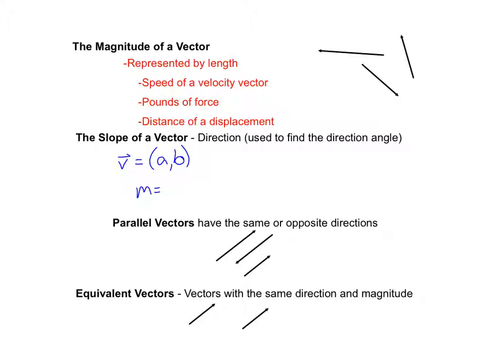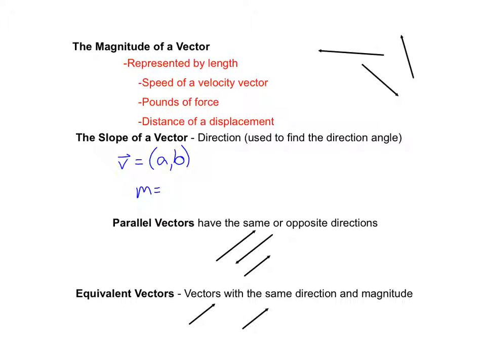Also, the slope of a vector, which we use to find the direction or the direction angle. We're going to look at this notation here. This is what's called the component form, and really it's breaking down a vector into its horizontal and vertical movement. You know from pre-algebra that slope is rise over run.